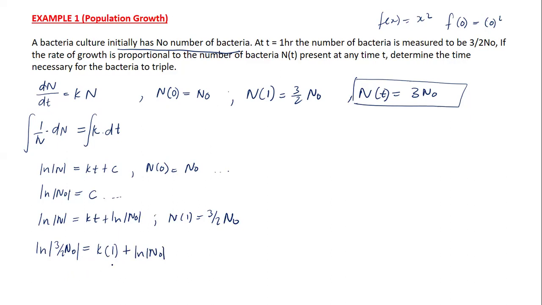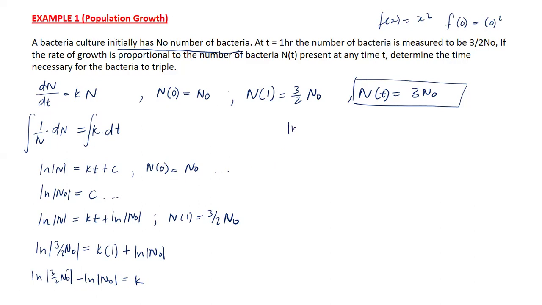And therefore, from here, remember, we want to solve for k, right? So we're going to transpose this to the other side of the equation. We're going to have ln of 3 over 2 n naught subtract ln n naught. What is k multiplied by 1? It's actually going to give us k. And therefore, remember, according to the laws of natural logs, when we subtract, we can just divide.